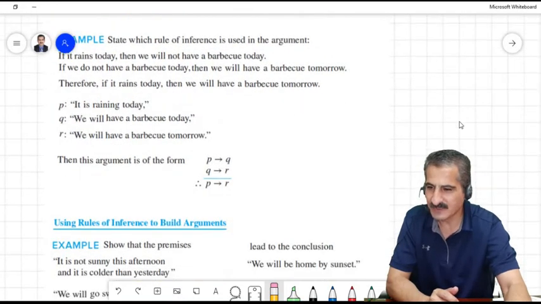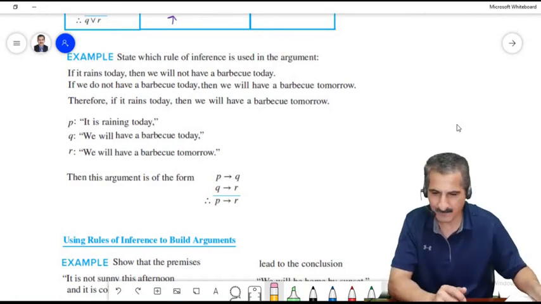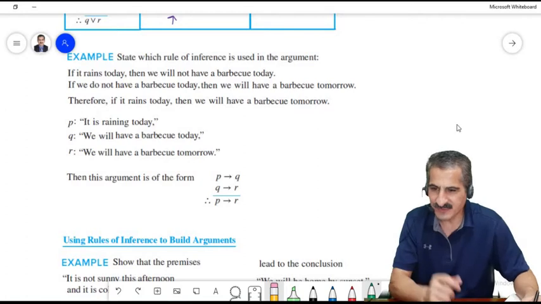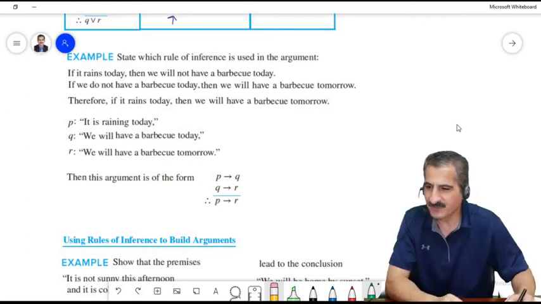Let's see an example. State which rule of inference is used in the argument. Okay. If it rains today, then we will not have barbecue today. So here P is it's raining today. So that means if it is raining today, then we will not have barbecue.